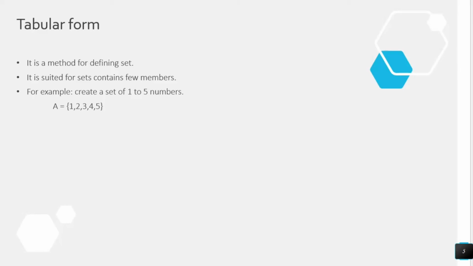Is it possible? Can you write all the positive integers one by one? No, you cannot. So for that, we use set builder form. We use tabular form only for few elements that we can write.